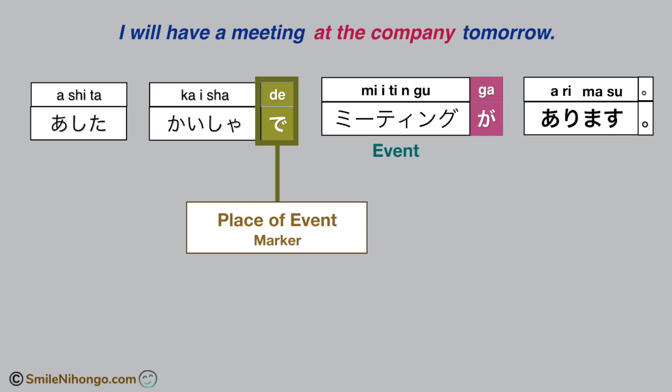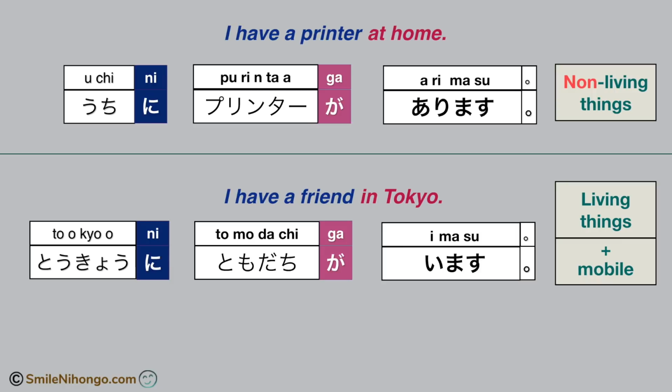I'm going to talk about this sentence pattern in the next lesson. So for now, do not worry about the place of an event, okay? Let's focus on the existence of things and people. Okay, now these sentences are complete.